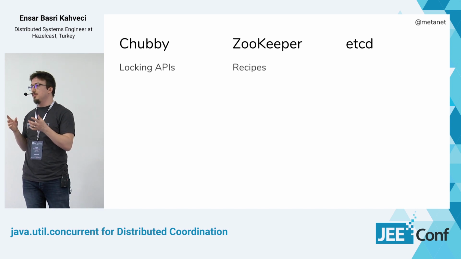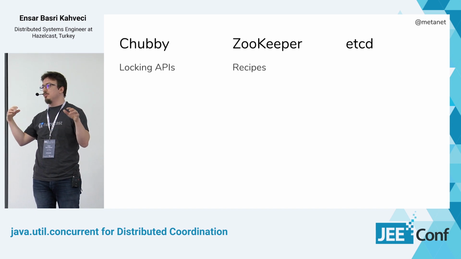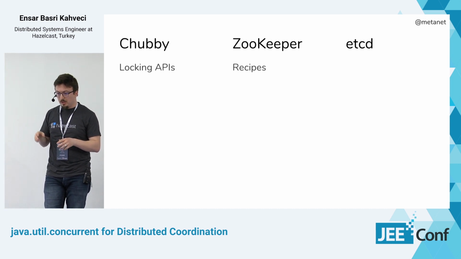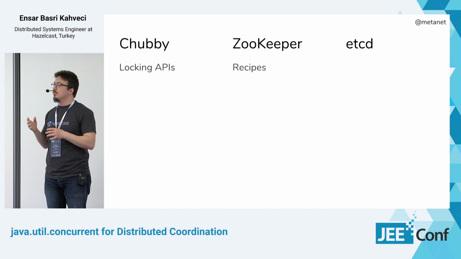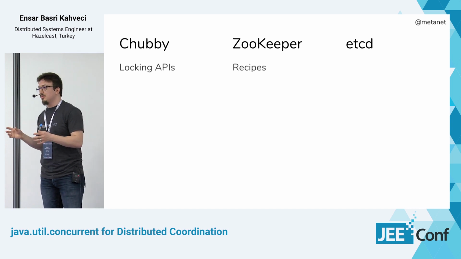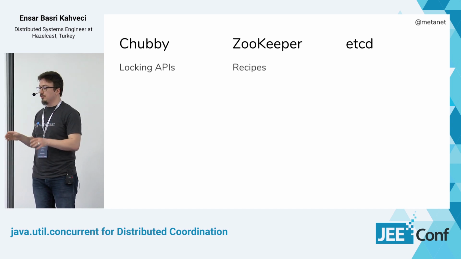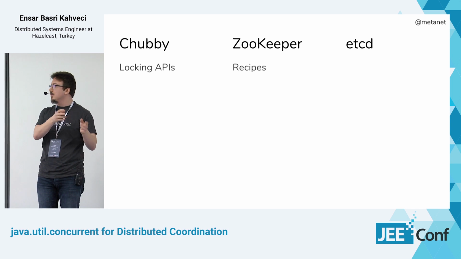Instead, it offers recipes. So recipes are descriptions to implement those high-level APIs like distributed locks on top of its file system API. I didn't put an example here, but you can consider the API like Lego bricks, and these recipes are those Lego guides to build those fancy Lego figures. Follow these steps for a distributed lock, follow those steps for a barrier, etc.